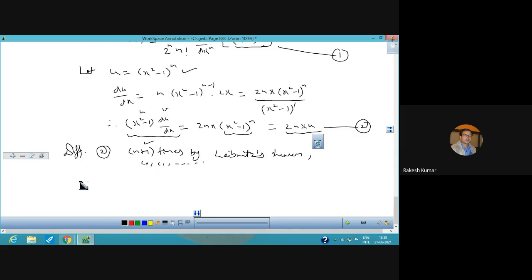So first constant comes out to be c0 raised to power n plus 1, into u as it is, (x squared minus 1) as it is, and the derivative of v, this term, n plus 1 times.